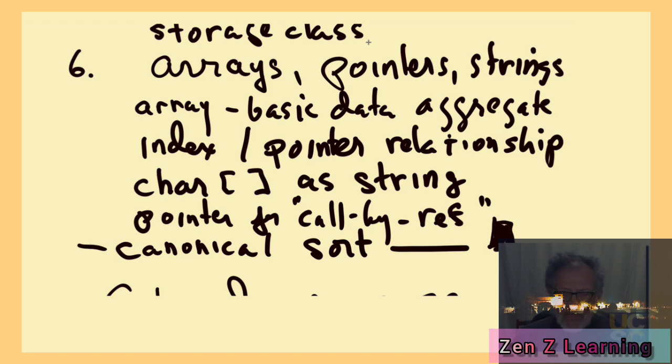And among the things that you should already know how to do is something like a canonical sort, like a merge sort, or a bubble sort even, or a quick sort. These are sorting routines that show that you have a command of using arrays and of using iteration. Okay.